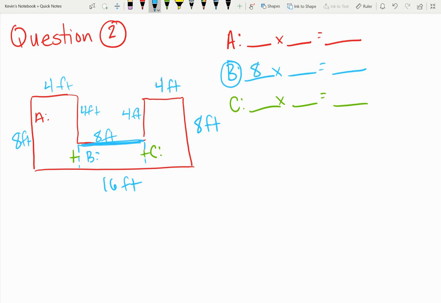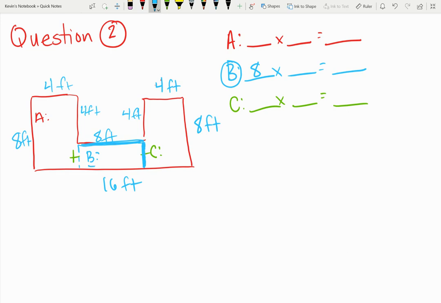Now, if you look, I got to get the height of box B on this edge right here. And there really isn't anything that tells me what this is. This is called an unknown side. So you guys have to do a little bit of math to figure out the measurement of box B, the actual height or the width.